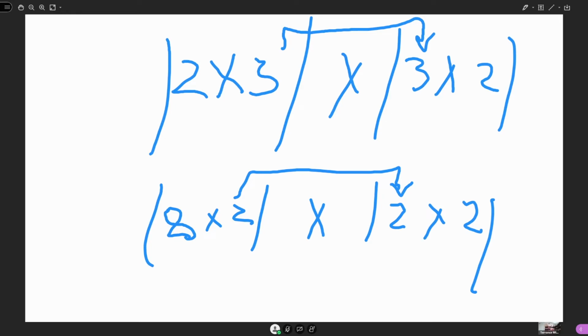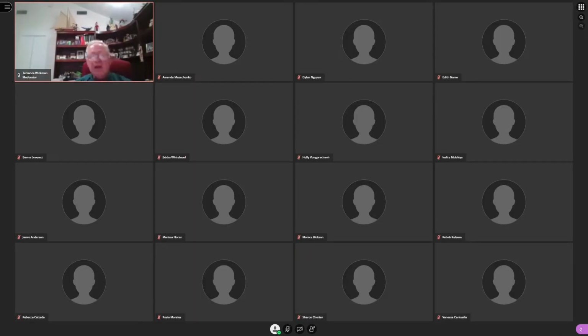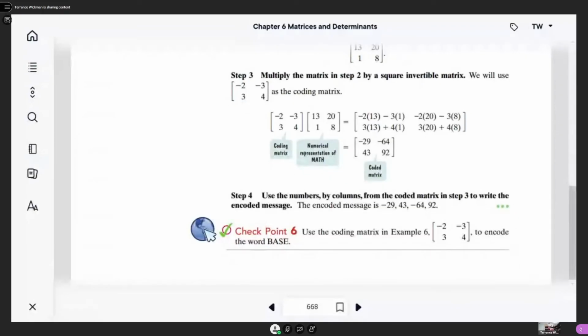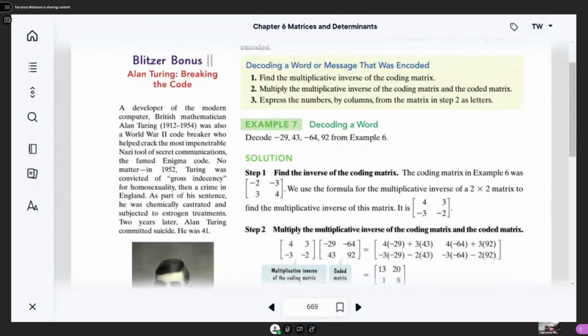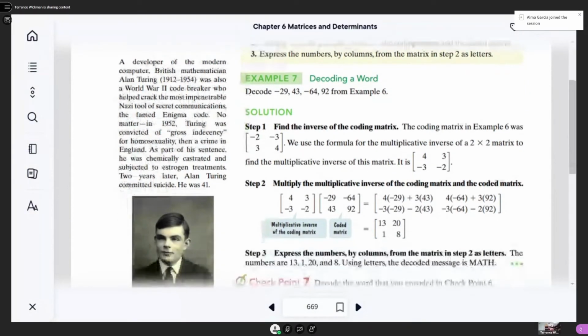Now, let's look at this part. I don't know if the book takes this next step, but we probably should. So the coded matrix is shown. Now, we want to decode this matrix. So look at example 7. So in order to get the solution, we want to take the inverse.